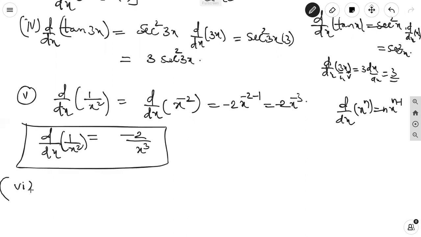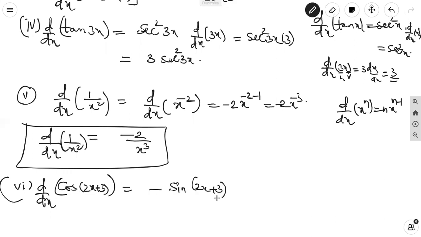Sixth one, it is similar to sine only. d by dx of cos of 2x plus 3. The cos derivative is minus sine of 2x plus 3, again times d by dx of 2x plus 3.